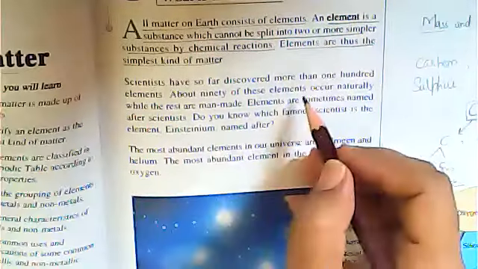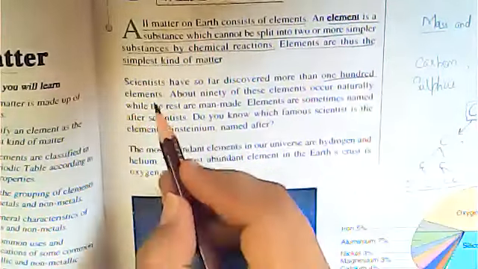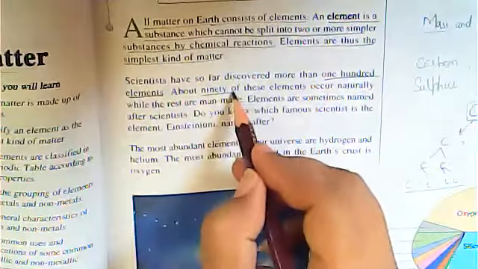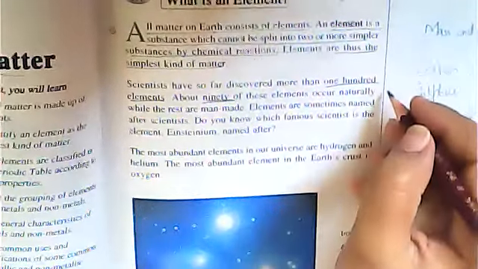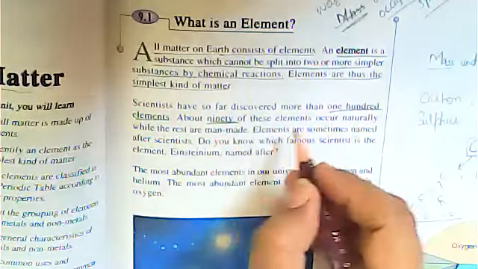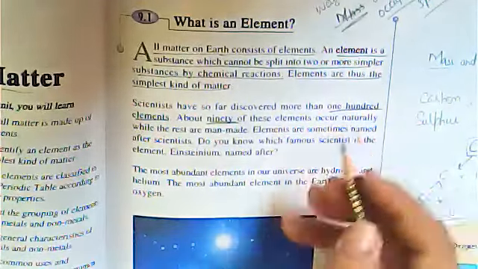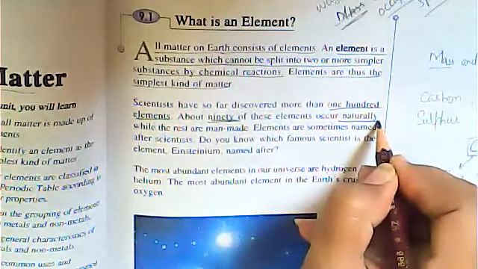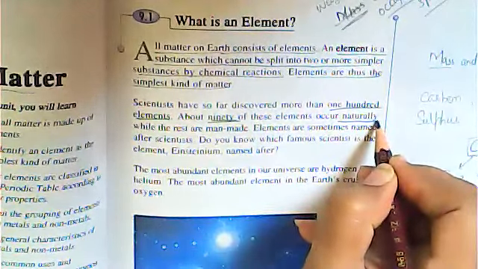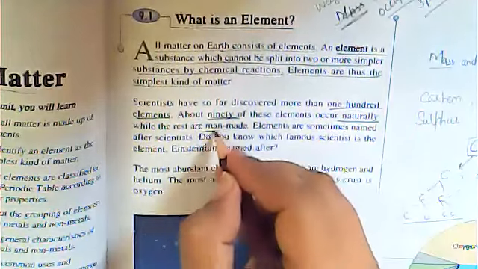Scientists have so far discovered more than 100 elements. This one is important. Out of those, only 90 elements occur naturally, while the others are man-made.